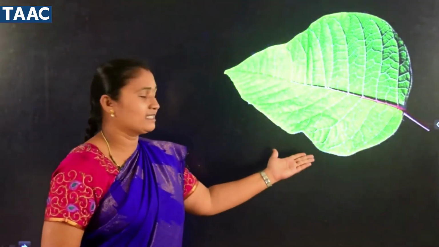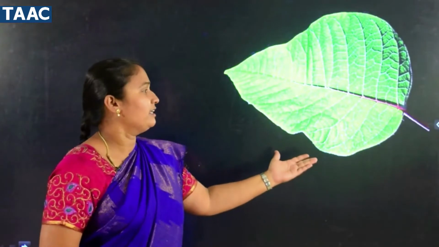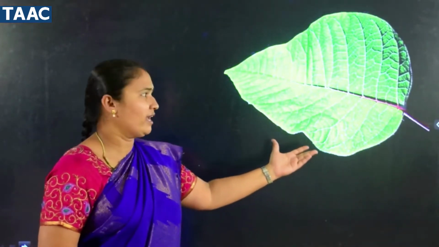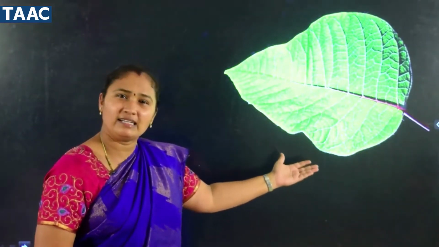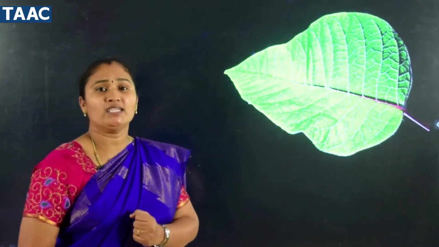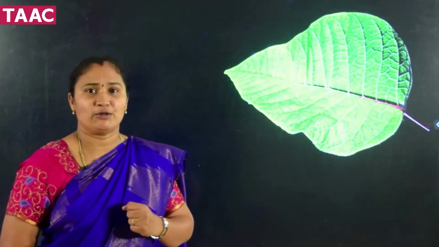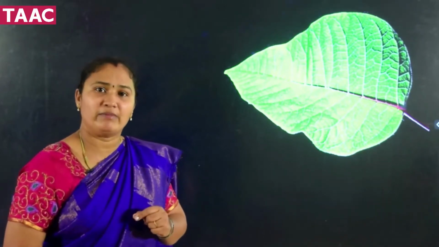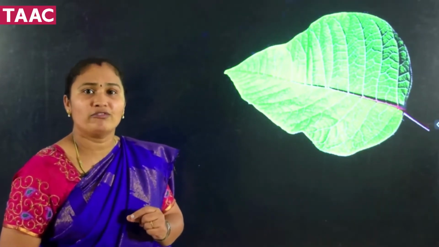Can you see this colorful leaf? Have you wondered why the leaf is green in color? The leaves are green in color due to the presence of a green colored pigment called chlorophyll.